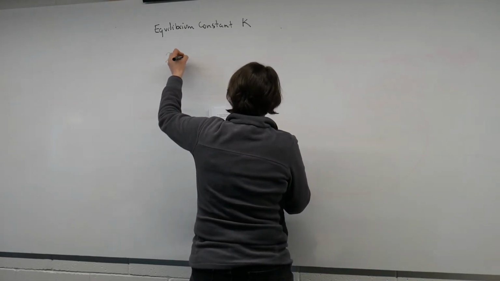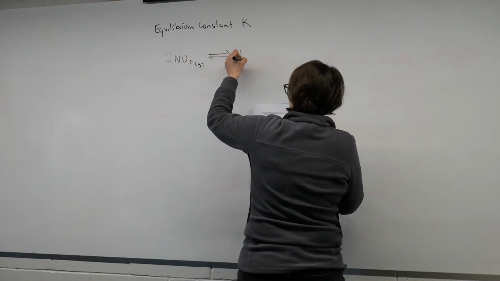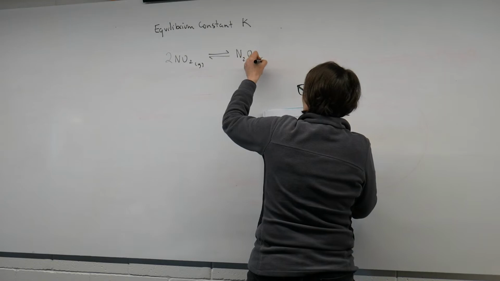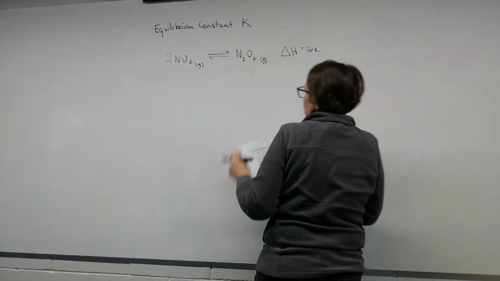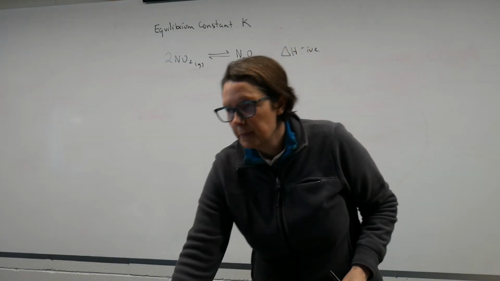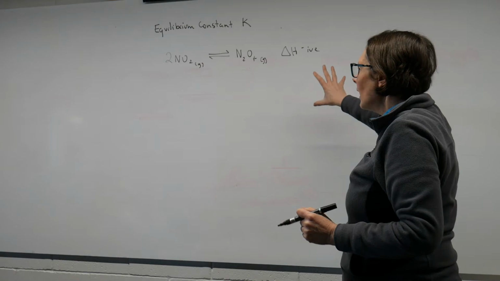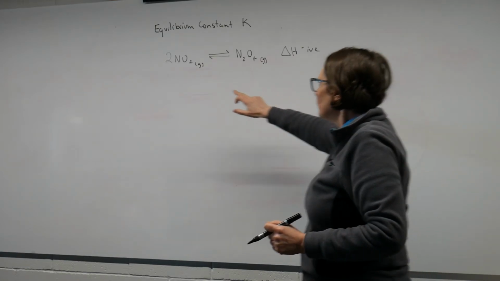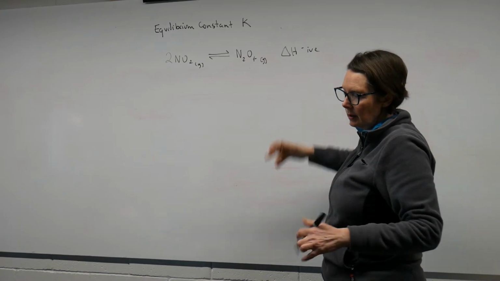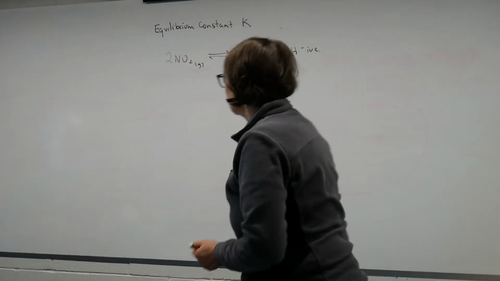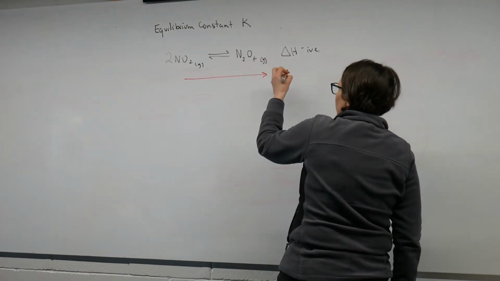2NO2 and N2O4. Delta H is negative. Now, this is an equilibrium reaction, and so the way we have to read this is if the reaction proceeds left to right, the way we normally read in English, then it is exothermic.